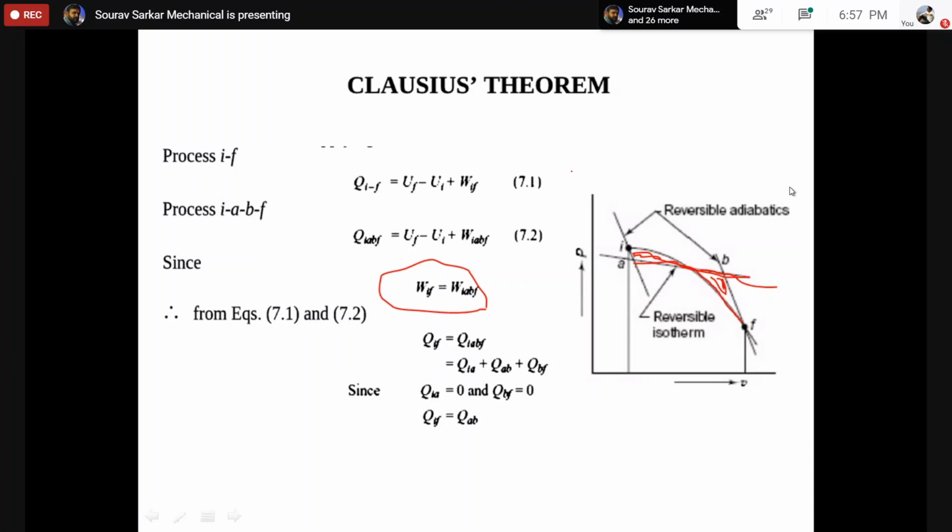I am defining that I will replace the process, but I will keep the work output the same as the previous process. So I will replace the previous process in such a manner that the new combination of the three processes will give you equal work output.